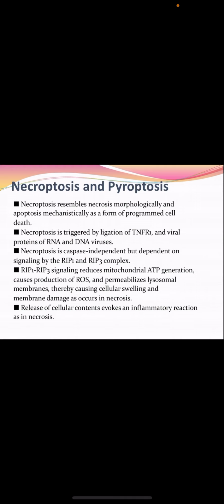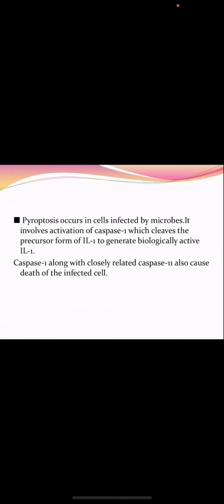RIP1, RIP3 signals reduce mitochondrial ATP generation, cause production of ROS, reactive oxygen species, and permeabilize the lysosomal membrane, thereby causing cellular swelling and membrane damage, as occurs in necrosis. Release of cellular content evokes an inflammatory reaction as seen in necrosis.